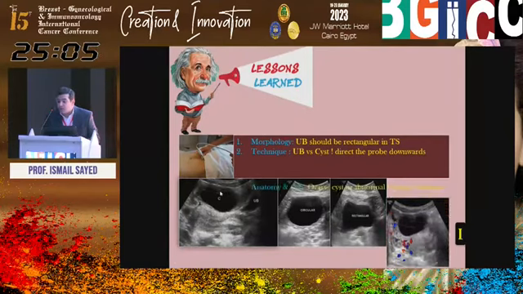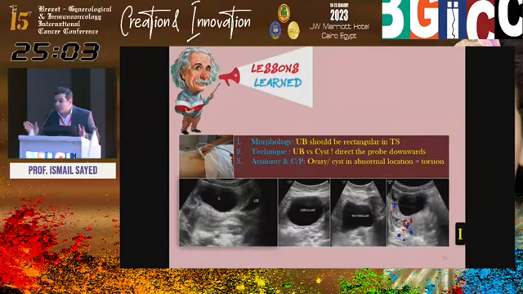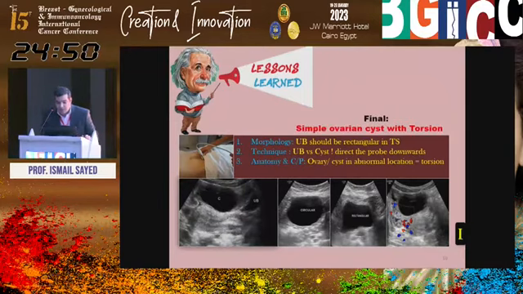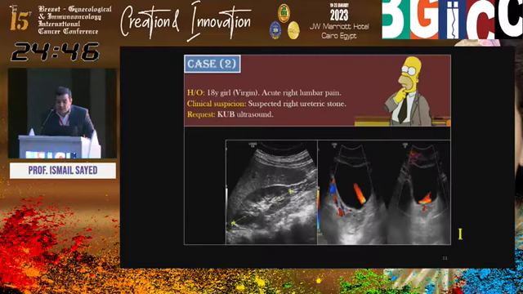Ovarian cyst or ovary in general should be to the side of the uterus, never anterior, never superior, and should not be posterior. Posterior may have another differential diagnosis, I'll tell you in a minute. So this was a simple ovarian cyst with torsion.